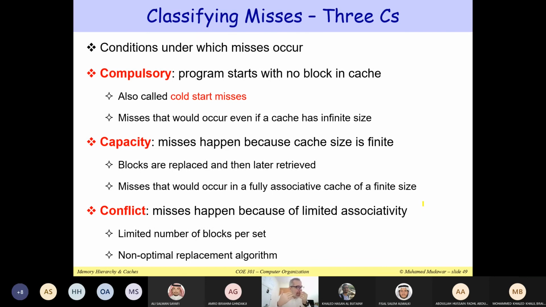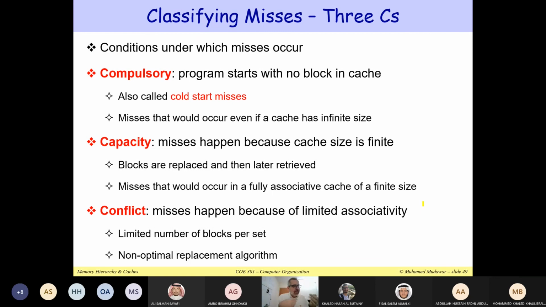Compulsory means that at the time when you start the program, the cache is empty. So definitely you're going to get a cache miss initially. These are called cold start misses because the cache is initially empty. The cache is going to start when you get the first miss.